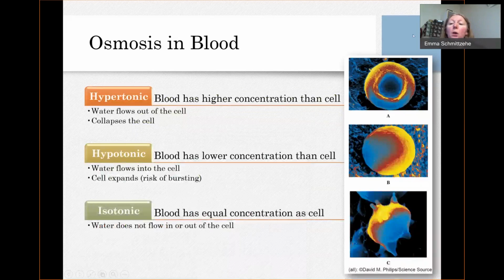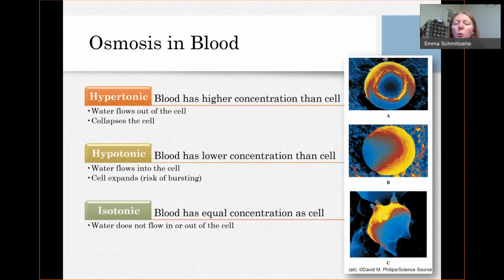Okay, now one place where osmosis comes up is in our bodies. Like I said, it happens in our blood where water can flow in and out of the cells.